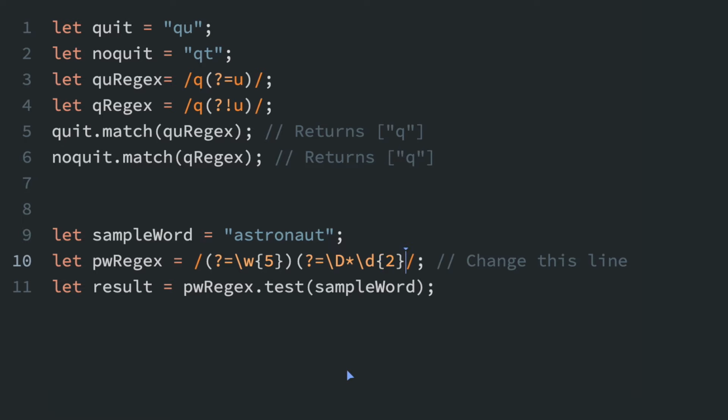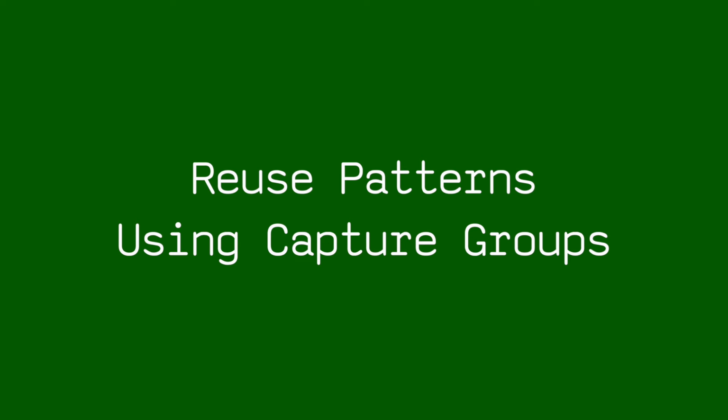So we have the \d to say that there are going to be digits, and then we have 2, so there's going to be 2 or more digits. So this is going to match for 5 or more characters and then 2 or more digits.